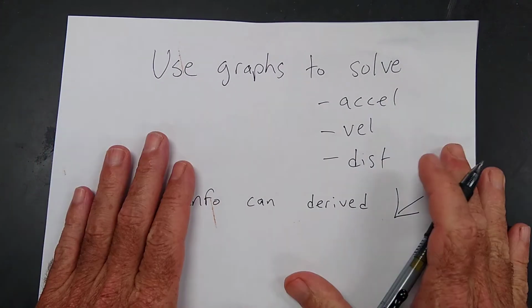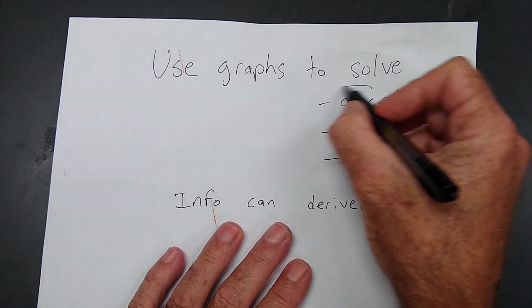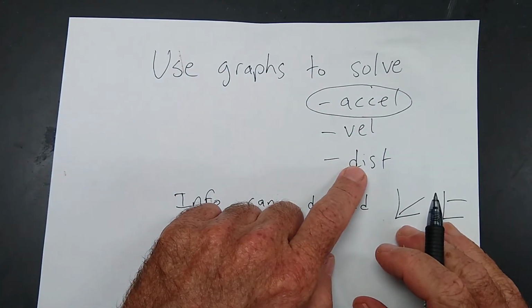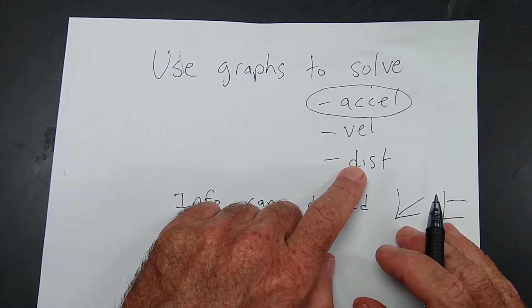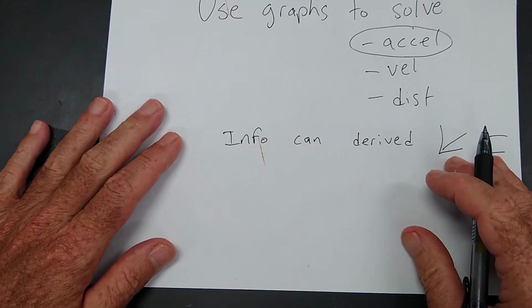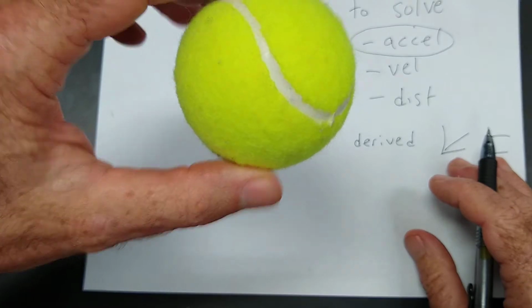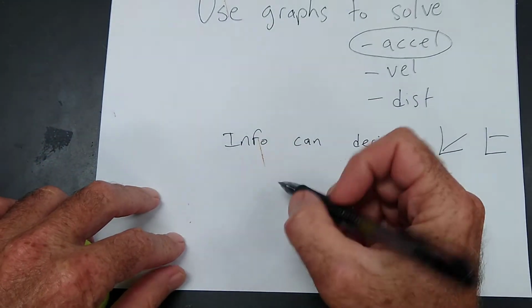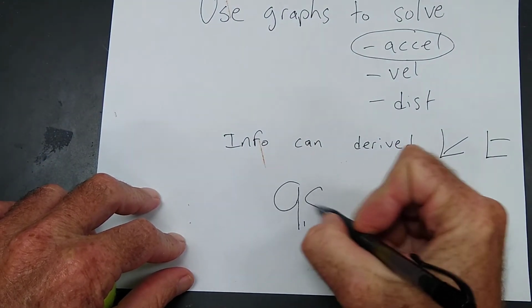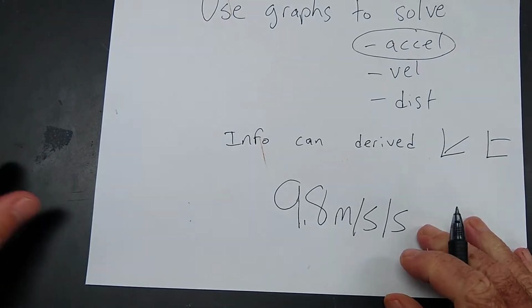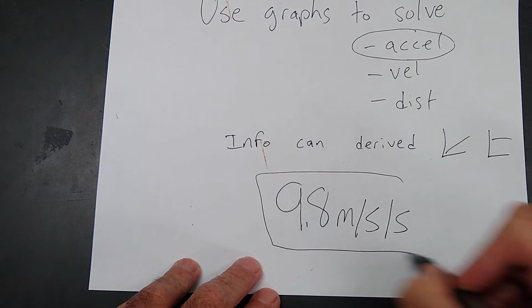We're going to start out creating a graph of acceleration, and then we're going to come all the way down and create a graph about distance, all right? Some things that we need to know. If you have an object like this and you drop it towards the earth, its acceleration towards the earth is 9.8 meters per second per second. This is called gravity.